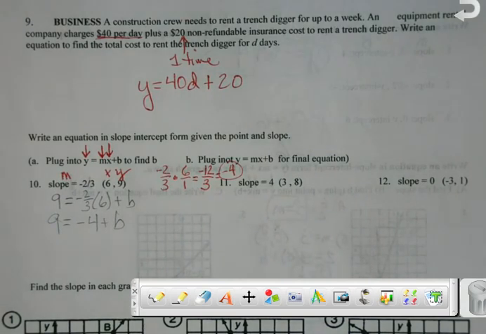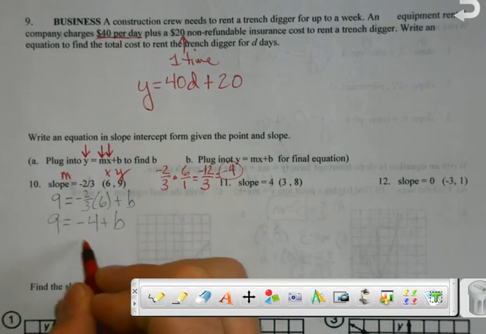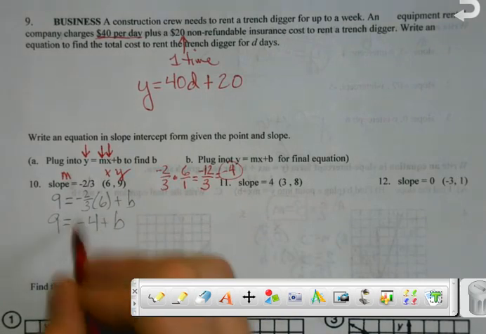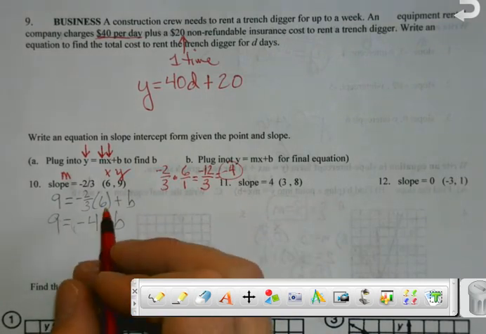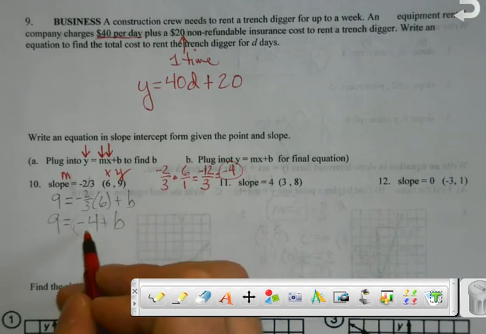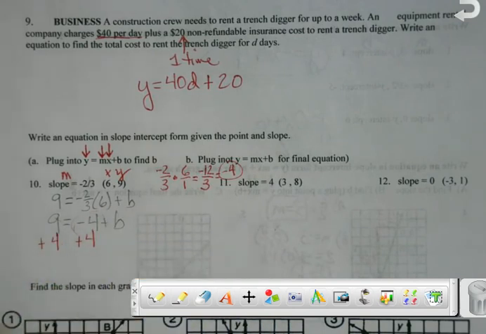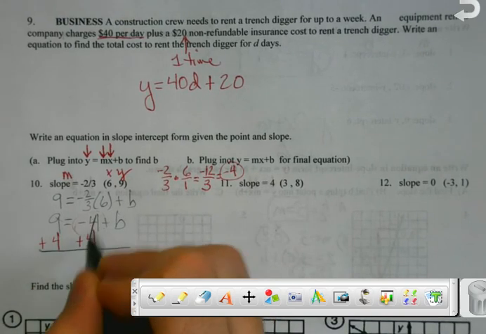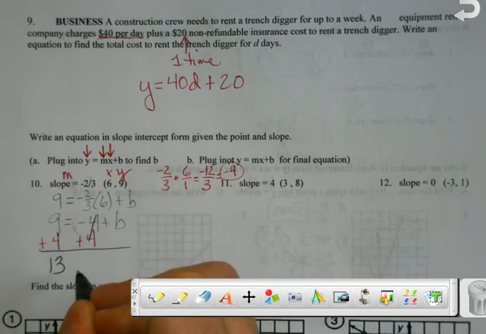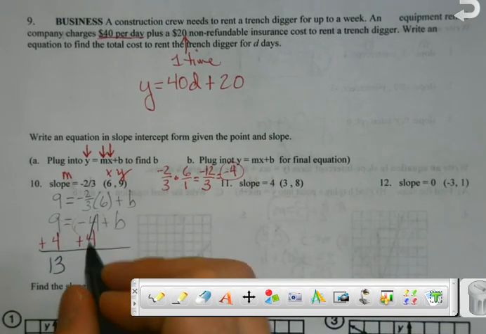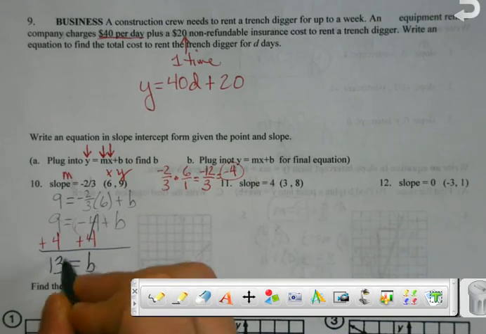And what's my one step to get b by itself then? How do I get rid of that -4? What's the opposite? Add 4. Gotta do the opposite. Well, if you minus the negative, it would be.